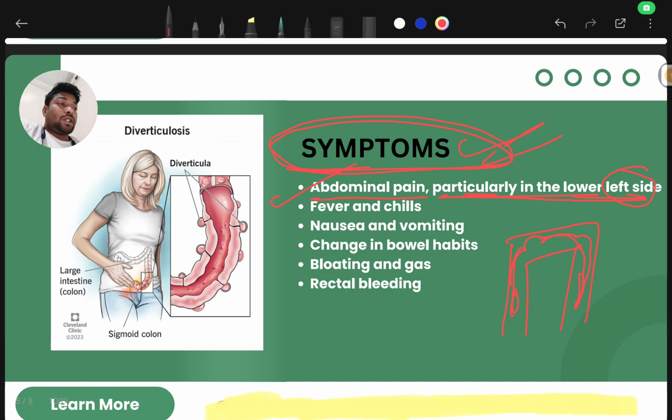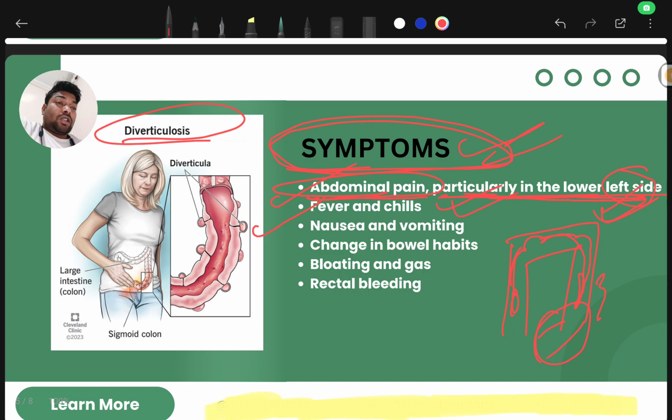So it is because a specific part of the colon, that is sigmoid colon, is mainly affected, okay, during colonic diverticulitis. So here it is written that particularly in the lower left side of the abdomen we have abdominal pain.